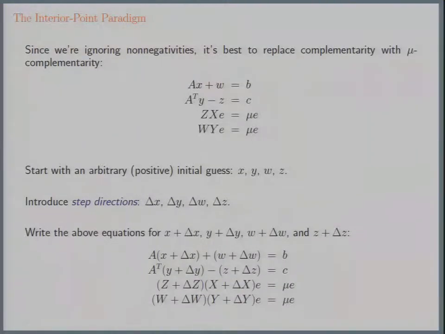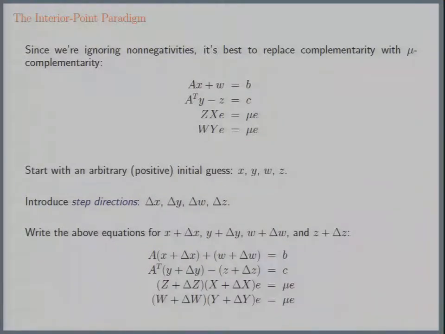And it's kind of a non-smooth condition. And so it's nicer to relax that condition a little bit and say that the product should be a small constant. So by writing XZe equals mu e, I'm saying each of the products, zj times xj, should be equal to mu, where mu will be a small constant.